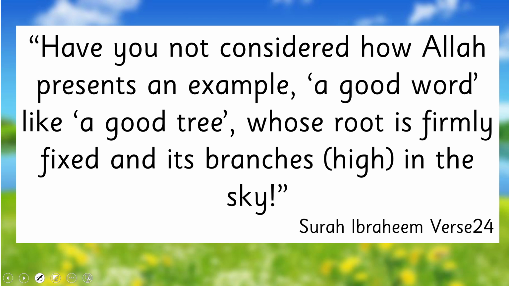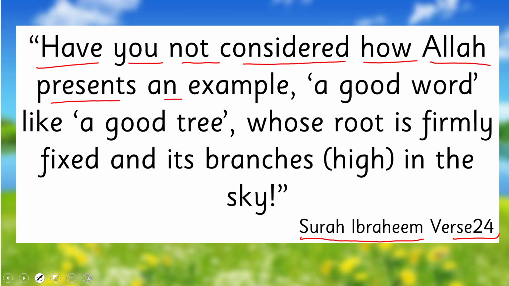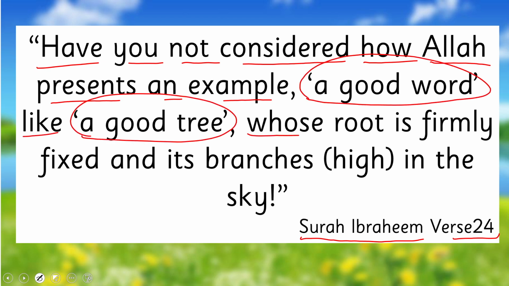Let's start with a beautiful verse of Surah Ibrahim, verse 24. Have you not considered how Allah presents an example, a good word like a good tree, whose root is firmly fixed and its branches high in the sky?